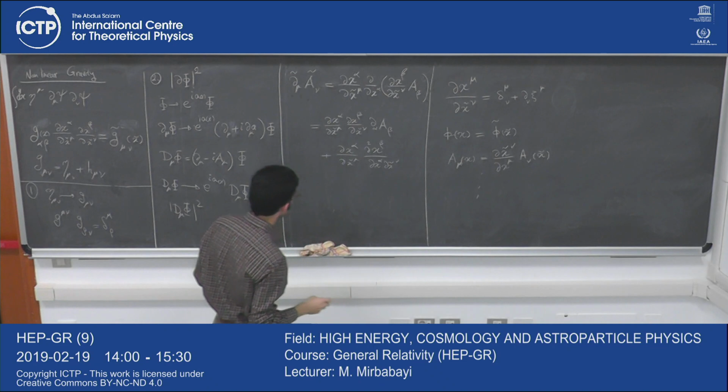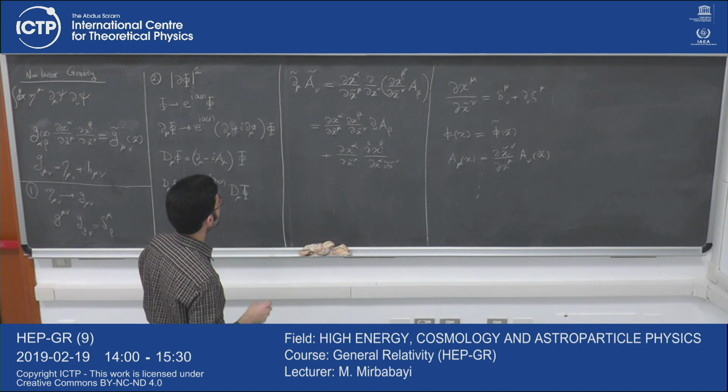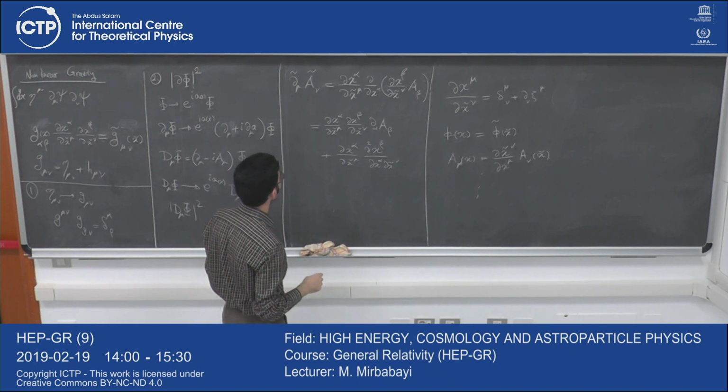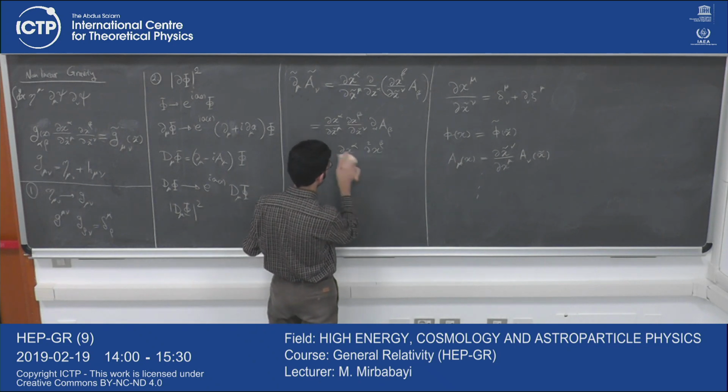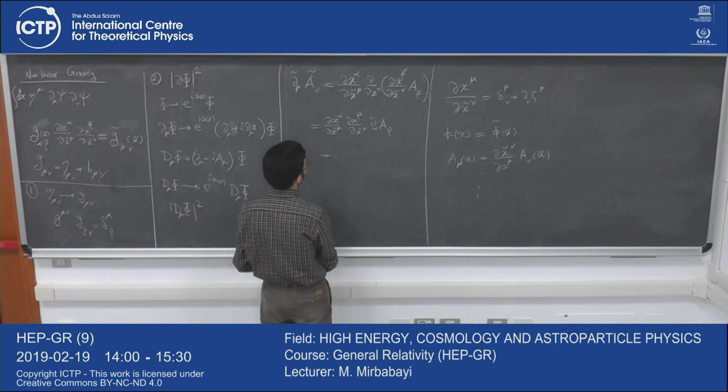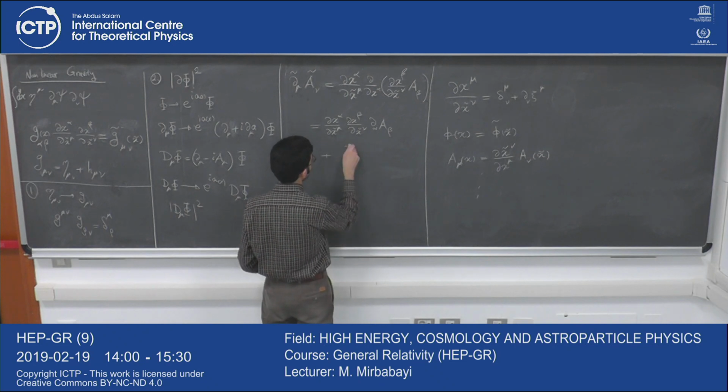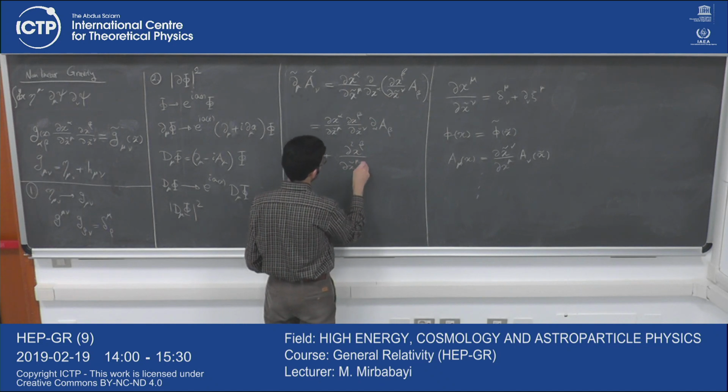Let me write it in a more reasonable way, as d2x beta times d x tilde mu d x tilde mu times A beta.